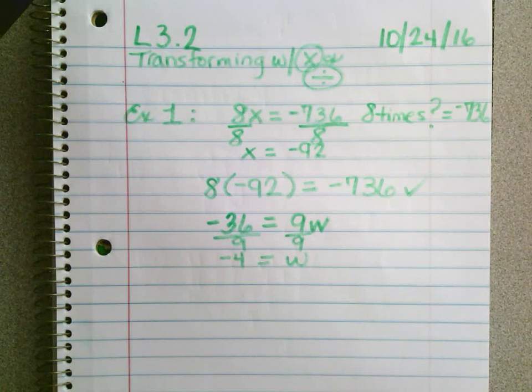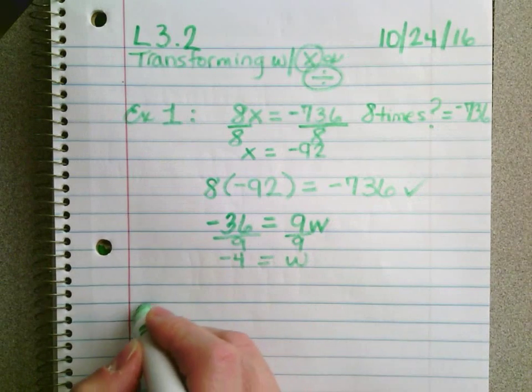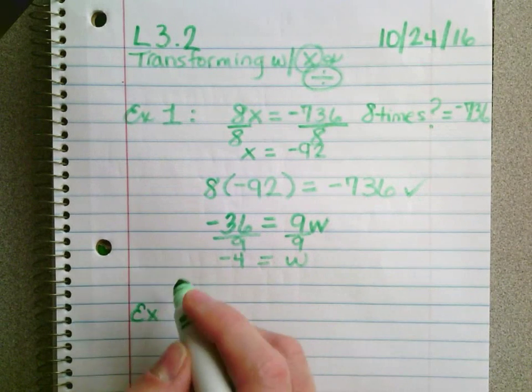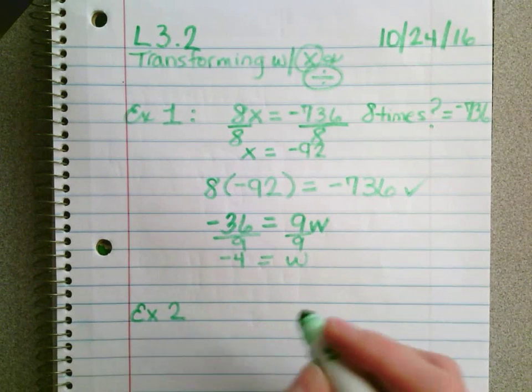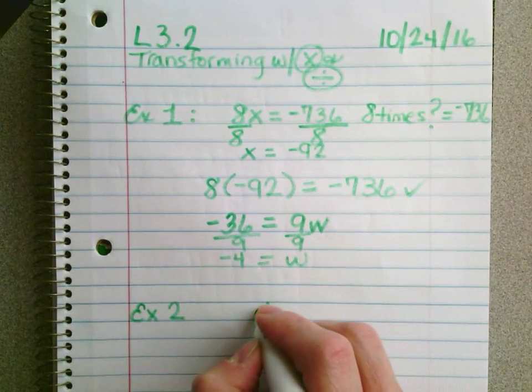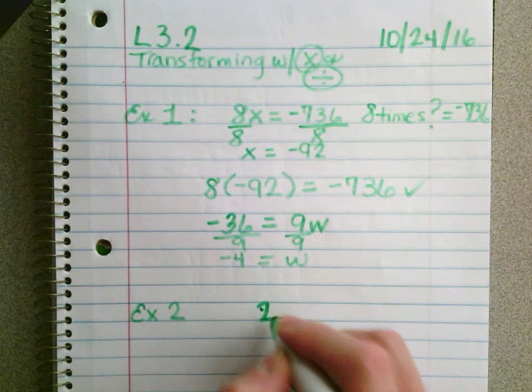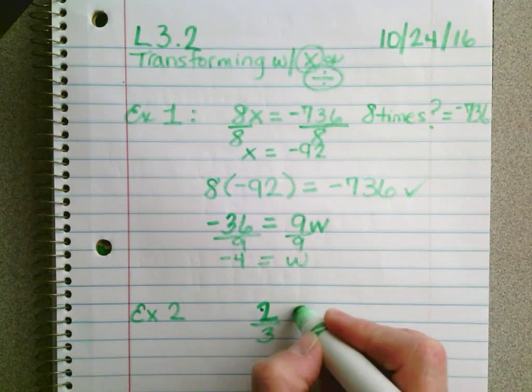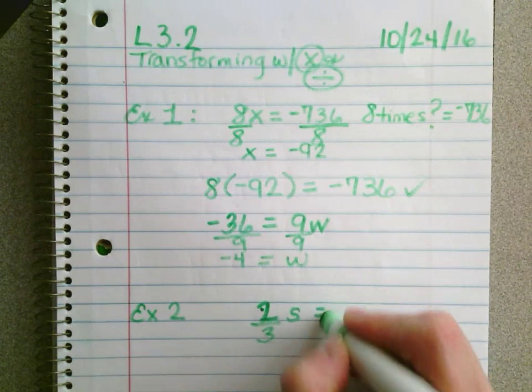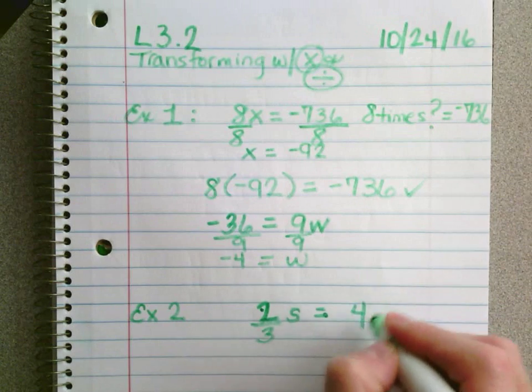Example 2 has us looking at other multiplication examples, but only with fractional coefficients. Something like this, for example: 2/3 multiplied by s is equal to 4 1/3.